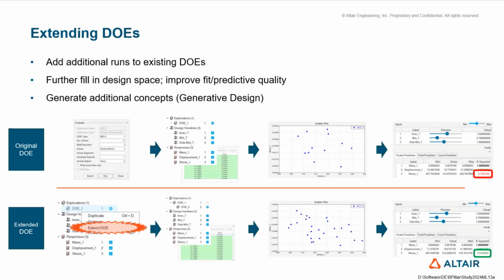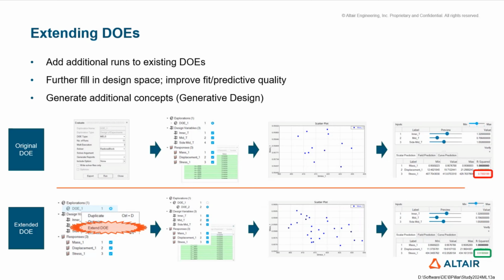What's depicted on the top row of this slide is that you've run a DOE, and maybe it's a small DOE in this case, but it could have been quite large. In this case, you ran an 11-run DOE.